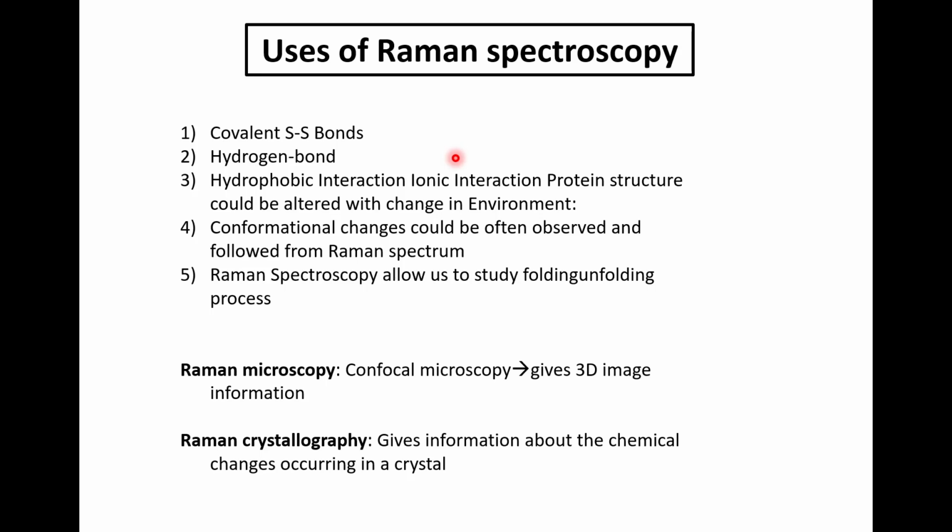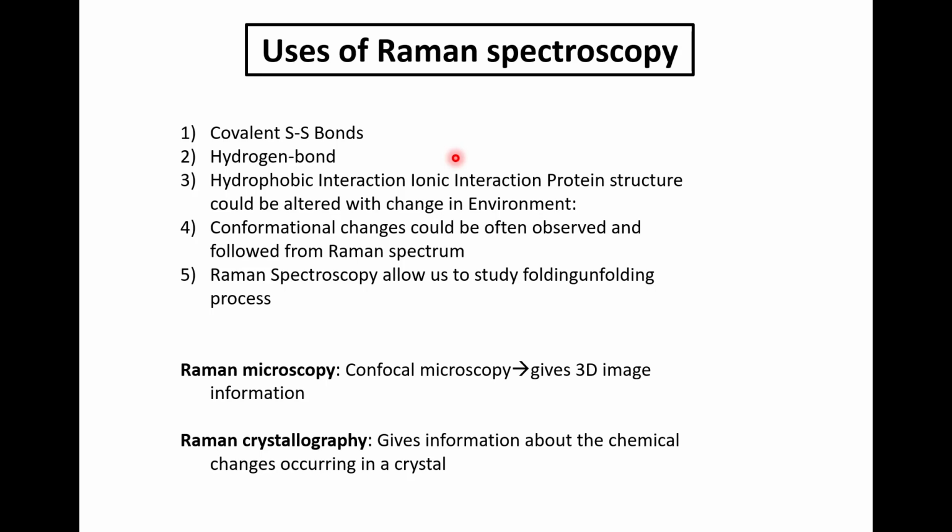It has combined a light microscope with Raman spectroscopy. The light microscope is normally a confocal microscope, which can give you high resolution images. From the microscope you can visualize your sample, and if you want only a part of the sample, you can get the Raman spectra of that part.